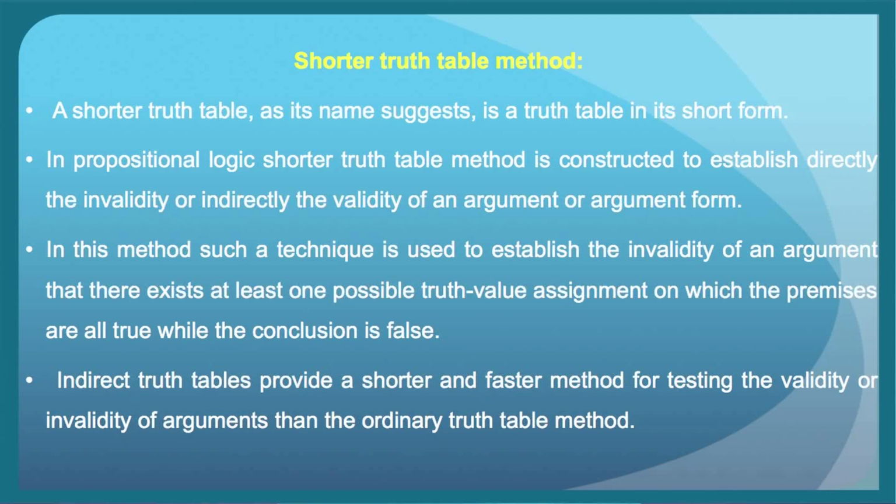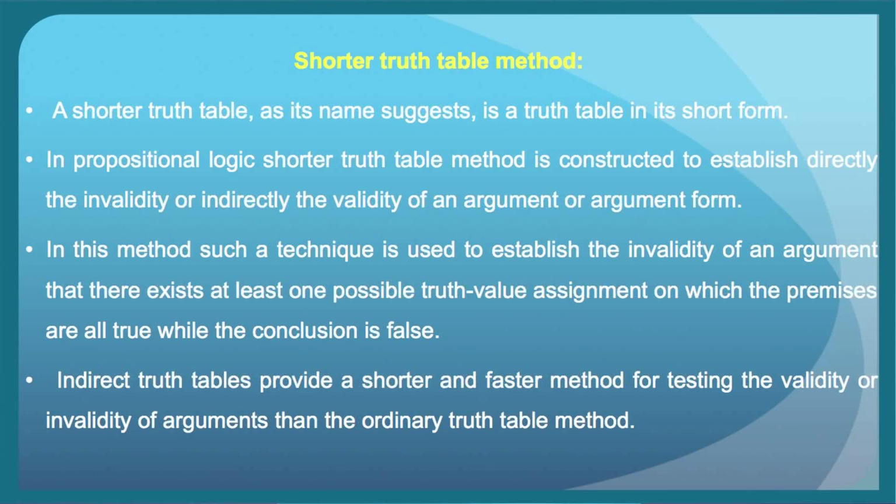The technique is used to establish the invalidity of an argument, where there exists at least one possible truth value assignment on which the premises are all true while the conclusion is false.